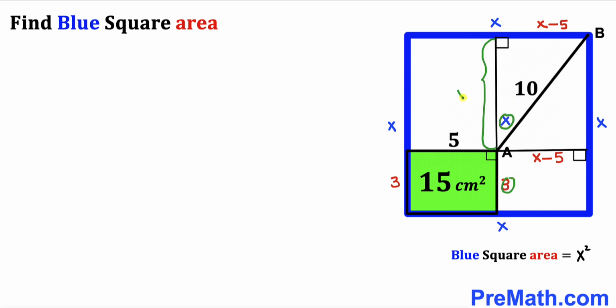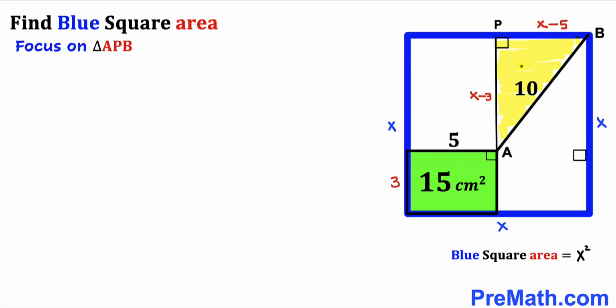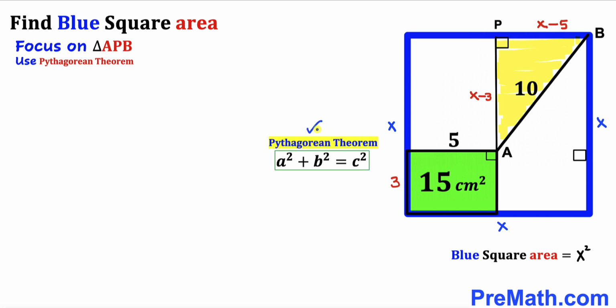So I can write x minus 3. Now let's focus on this right triangle APB and apply the Pythagorean theorem. Here's our Pythagorean theorem: a square plus b square equal to c square. In our case, our hypotenuse is 10, and our other two legs are x minus 5 and x minus 3.